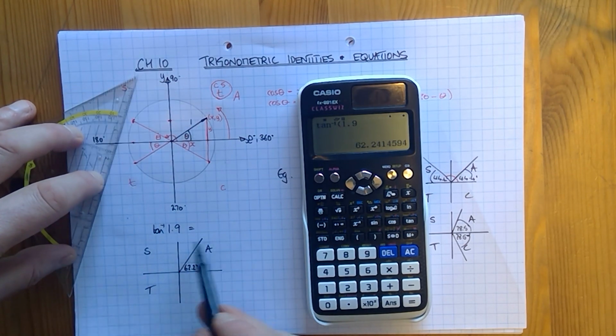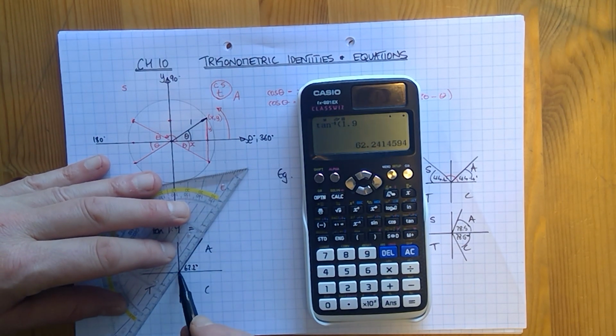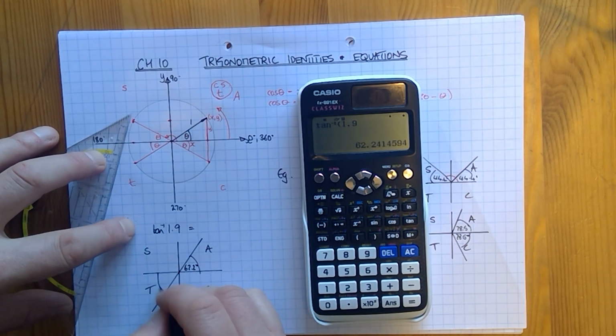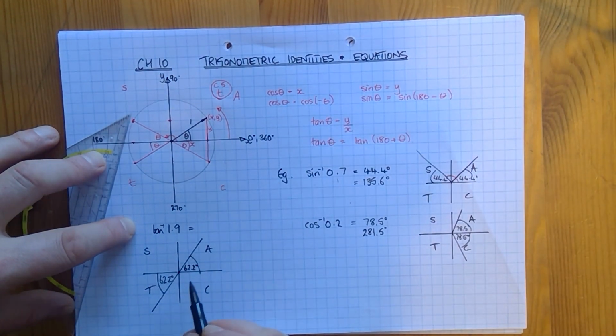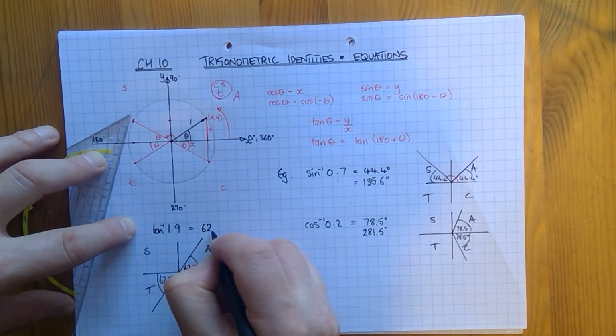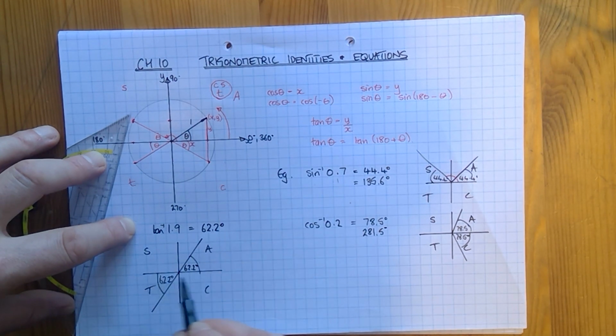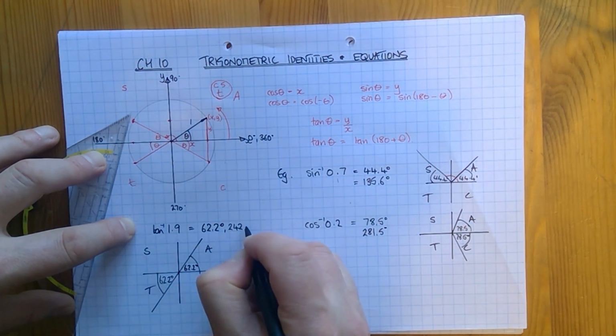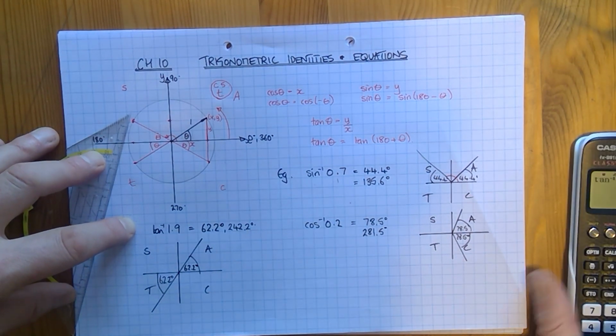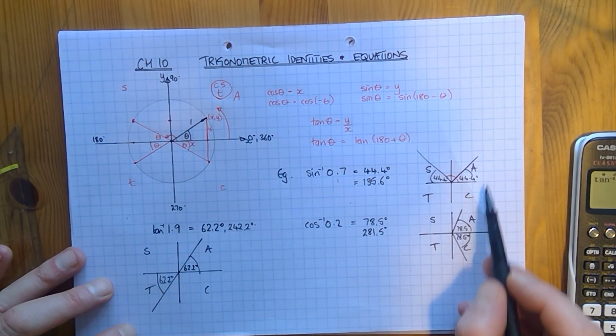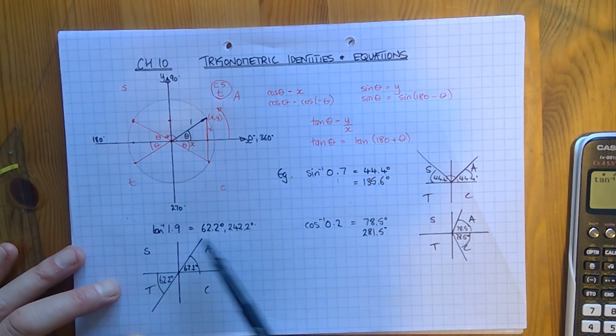That's positive again, so our other angle is going to be down here where tan is also positive. Let's draw a straight line through the middle now for tan. If that's 62.2, that is also 62.2. In terms of an angle, this is starting here: 180 plus 62.2 is 242.2 degrees. So that's the diagram you want for sine, that's for cos, and that's for tan.